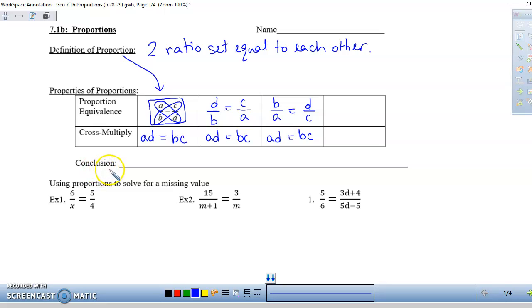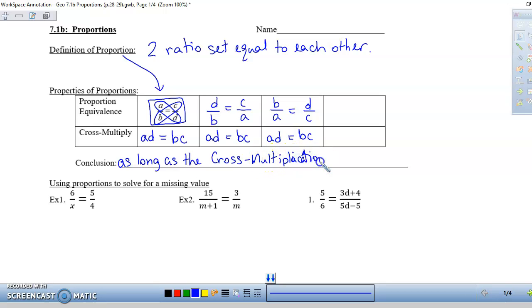Okay, the conclusion is, as long as the cross product is the same, then you have an equivalent proportion. So as long as the cross product or cross multiply, I'll just call it cross multiplication. Wow, that's not how you spell that.